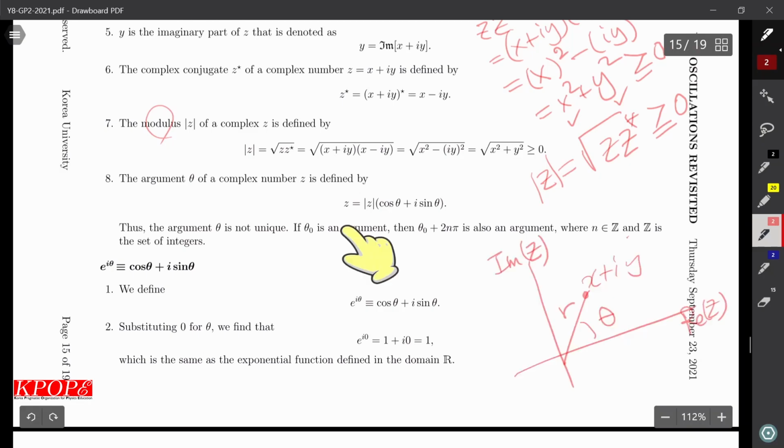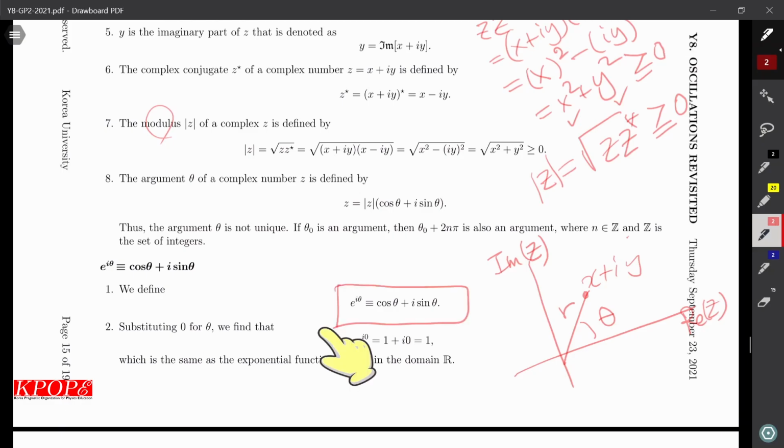Okay, so z can be expressed as the absolute value of z times cosine theta plus i times the absolute value of z times sine theta, and we define e to the i theta to be cosine theta plus i sine theta. We can prove this by expanding it, or by finding the boundary condition and the differential equation that is satisfied by this number, this function.